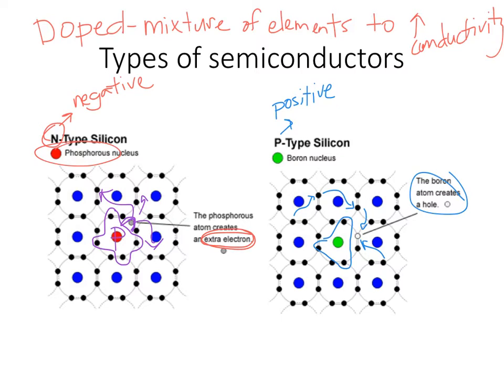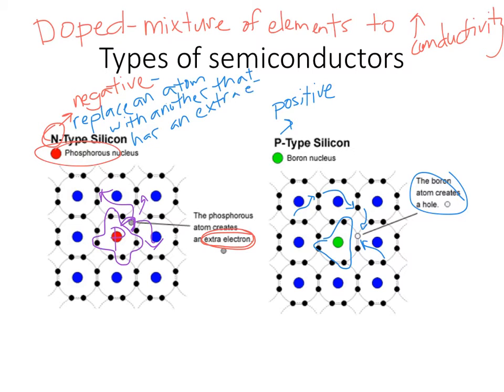So an N-type semiconductor has elements in the material replaced by atoms that have extra valence electrons. Replace an atom with another that has an extra electron.